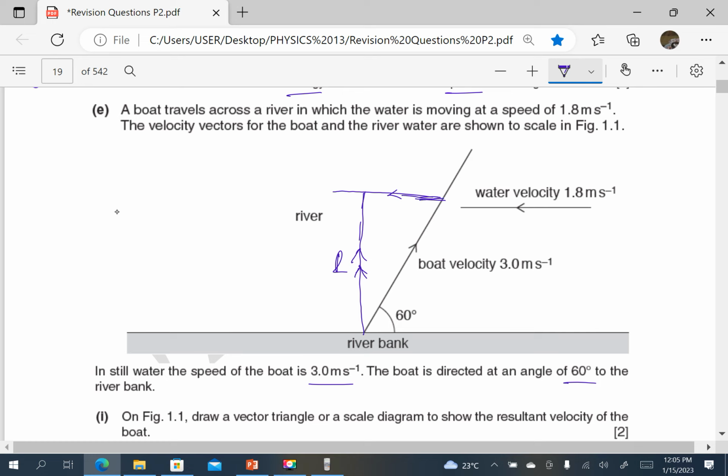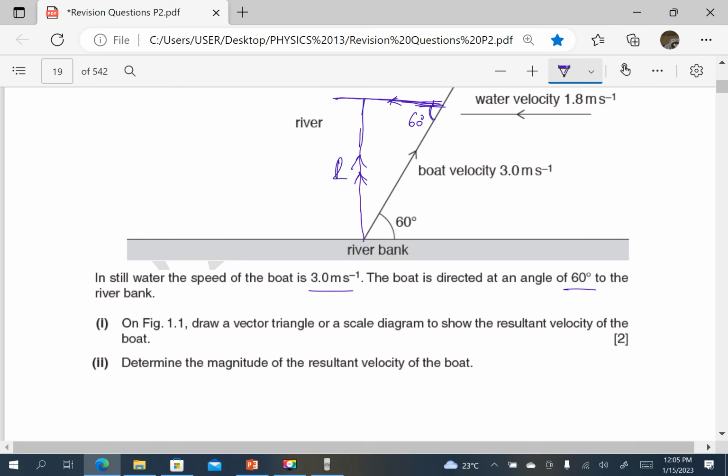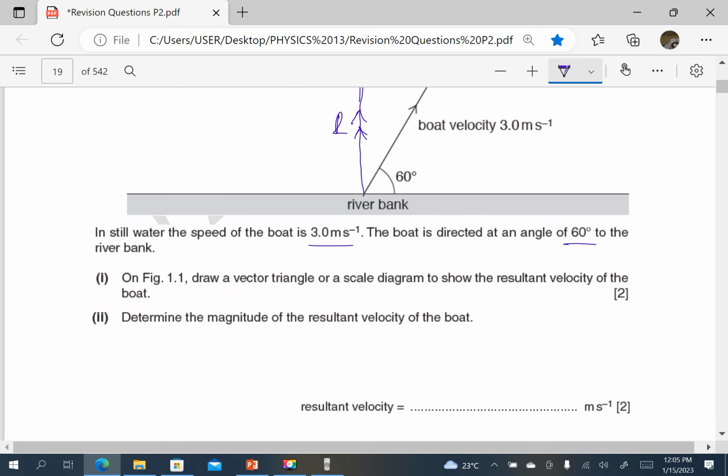You will notice that this angle 60 is the same as this, because those are alternating angles. If I draw the water velocity as a horizontal line, if this is 60, the other is also 60. So you can use a scale diagram, but I will use the vector triangle.